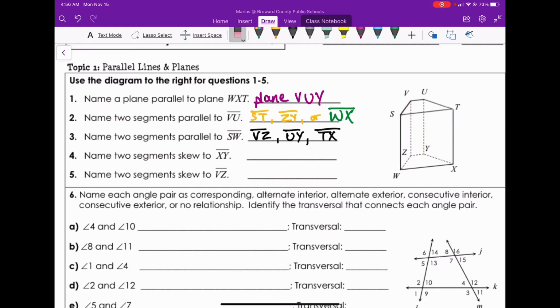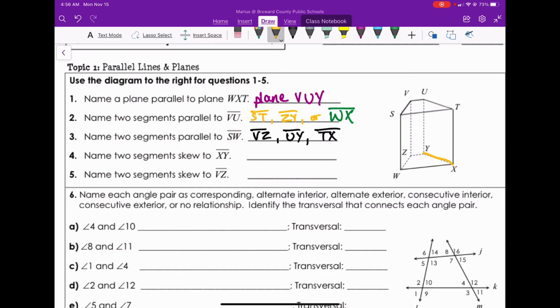Now skew, if you remember, means that they never touch, but they travel in 2 different directions. Parallel lines never touch and travel in the same direction, but skew lines never touch and travel in 2 different directions. So let's figure out what XY is. So here's XY. Okay, there's XY.